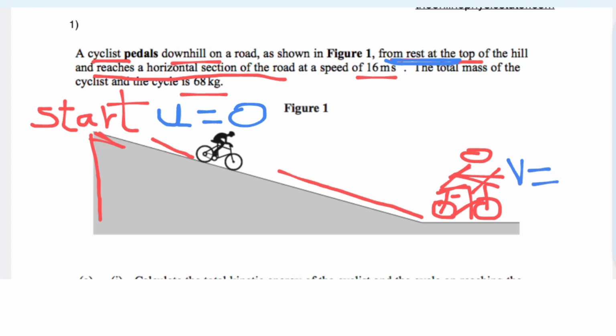And the total mass of the cyclist and the cycle is 68 kilograms, it says. So total mass is equal to 68 kilograms.